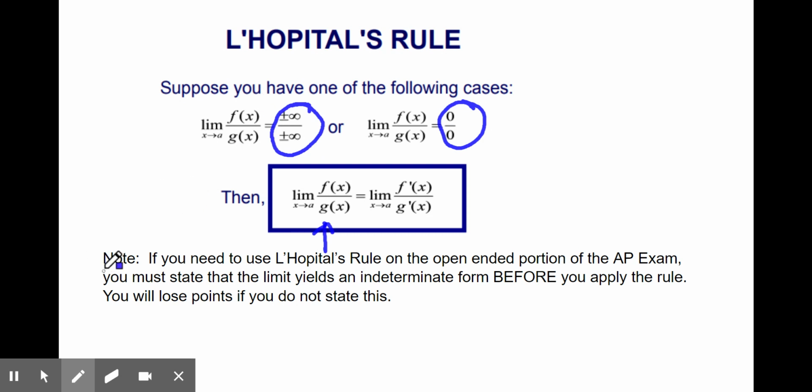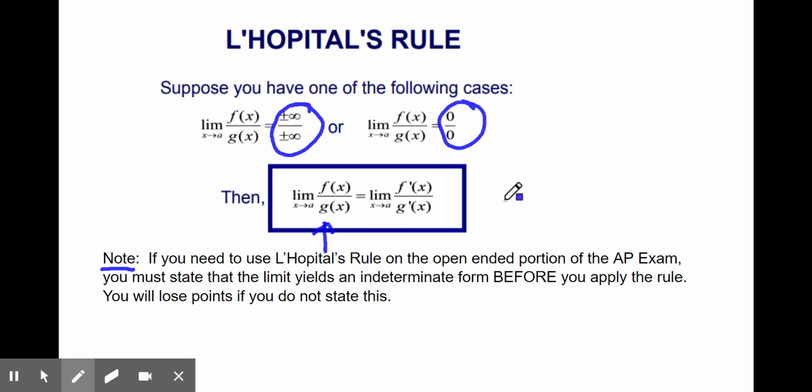Now, here's an important note about the AP exam. If you want to use L'Hopital's rule on the open-ended portion of the AP exam, you must state that the limit yields an indeterminate form before you apply the rule. If you don't, you will lose points. It's pretty simple.